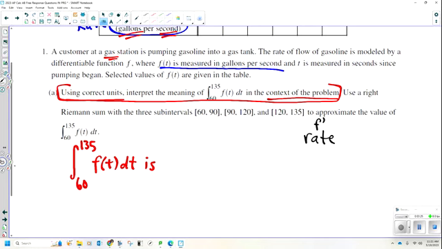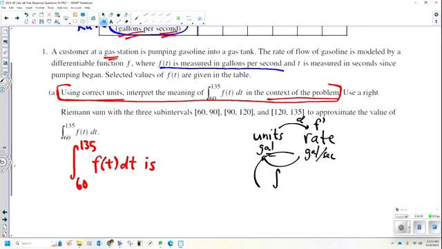But for this problem, we have gallons per second, okay? And I integrate that. I'm going backward. That would give me just the units, not the units per time, just the units. So in this case, it's just gallons, or gallons of gas for this particular problem, okay? So when we integrate, we are going to get just the gallons. Okay? That is so important to know. And of course, if I have gallons and I take the derivative, that would give me my rate.